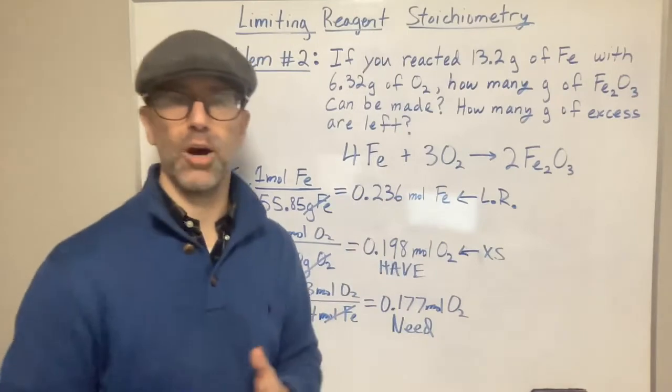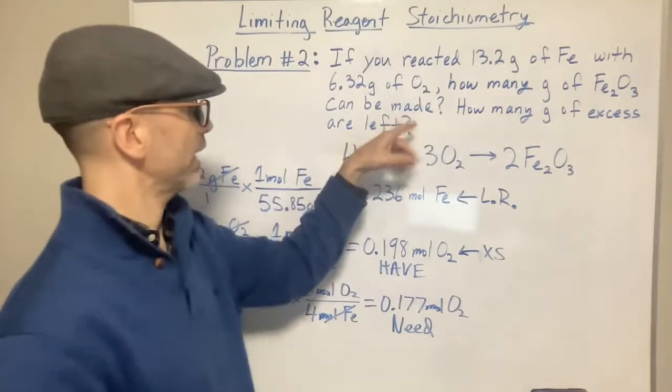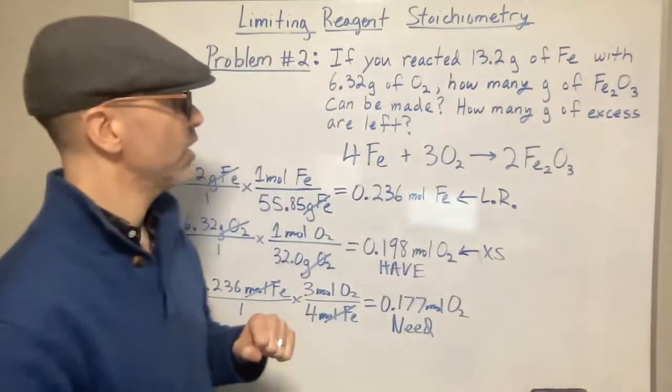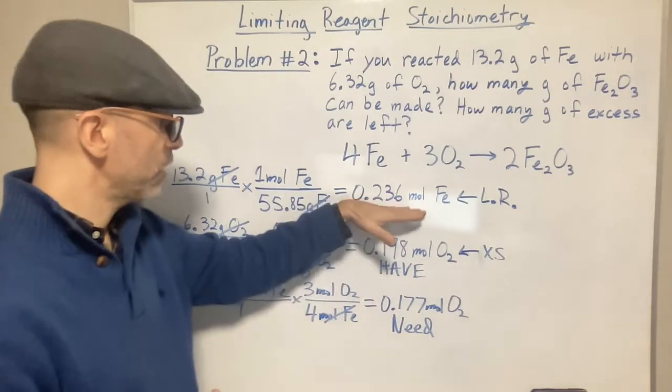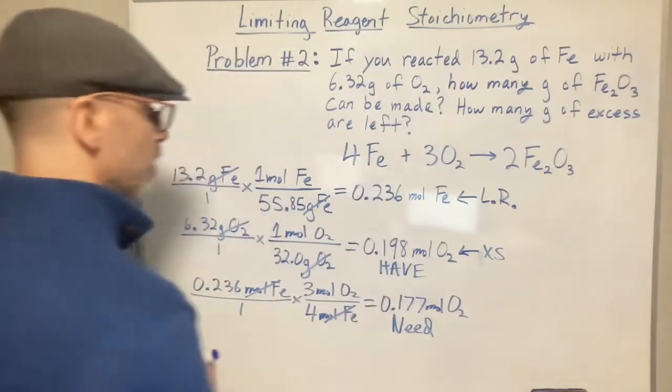Now that I figured out what the limiting reagent is, I can now go ahead and calculate the number of grams of iron 3 oxide that can be made from this amount of iron. So let's go ahead and do that.